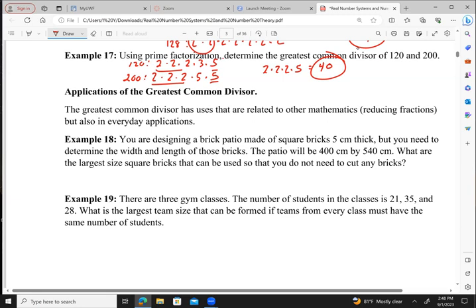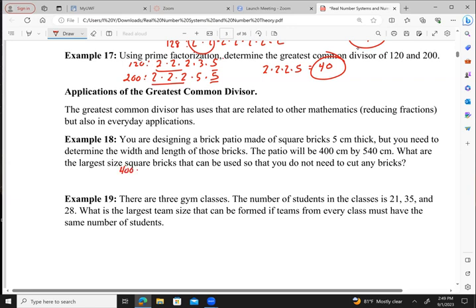The patio will be 400 centimeters by 540 centimeters. What's the largest size square, or divisor, between 400 and 540?